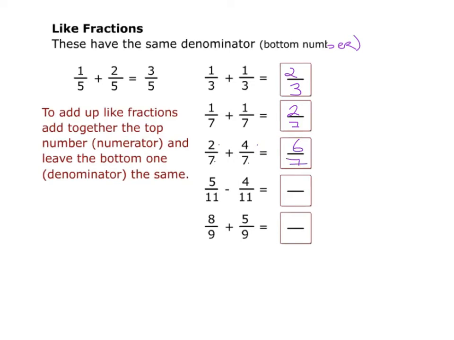Now I have 5/11 minus 4/11, so it's a minus, but it doesn't change what happens. Add fractions together in the numerator and leave the bottom the same, and it's the same with subtraction. So 5 minus 4 gives me 1, and 11 remains on the bottom, and 8/9 minus 5/9 will be 3/9.